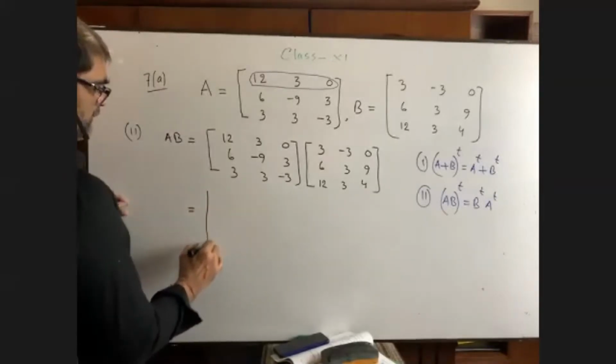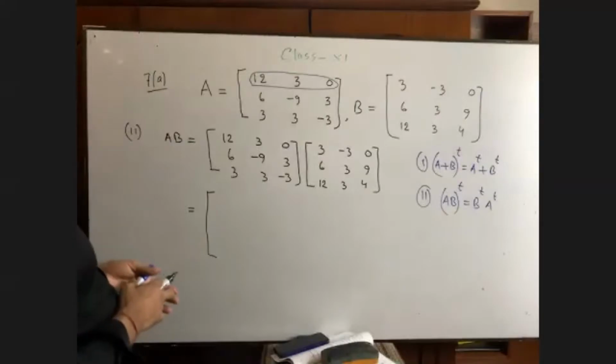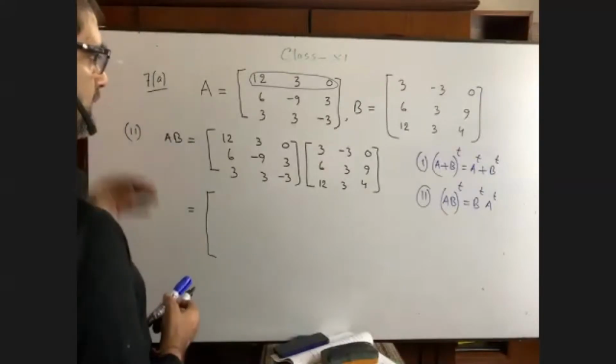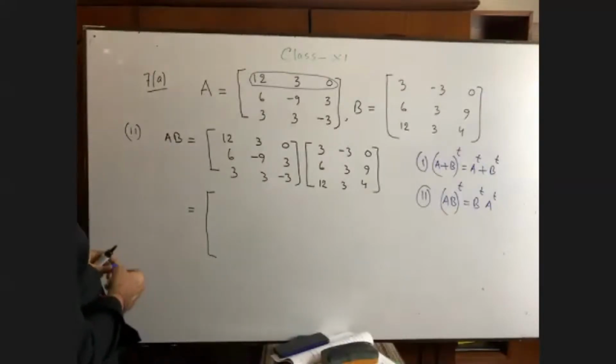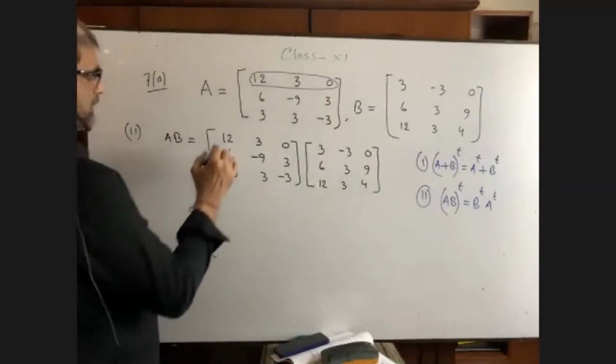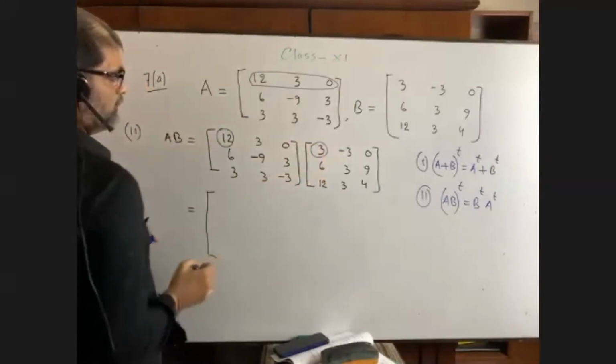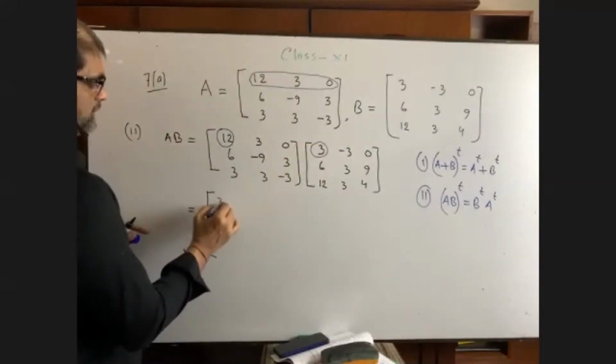Can you remember how to find AB? Or have you forgotten? How to find AB? This 12 into 3, 36.